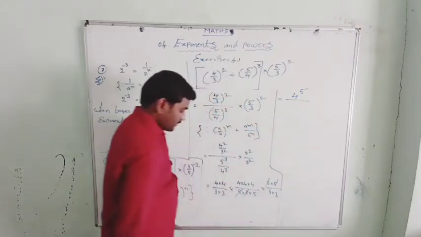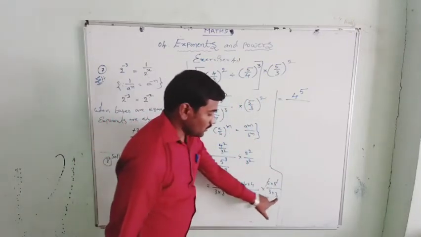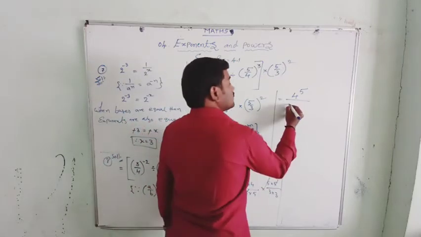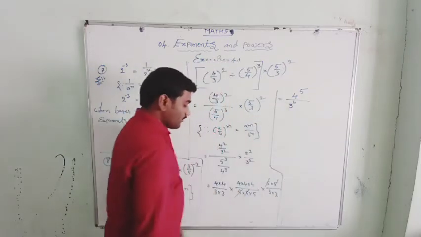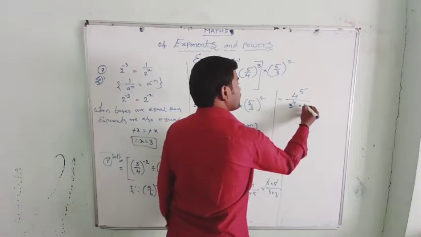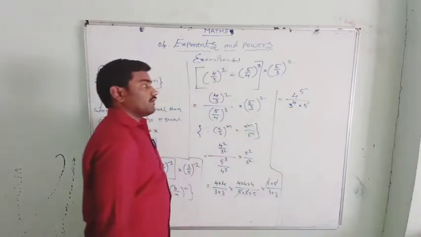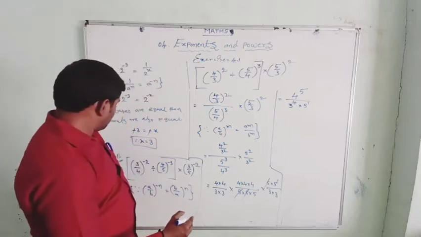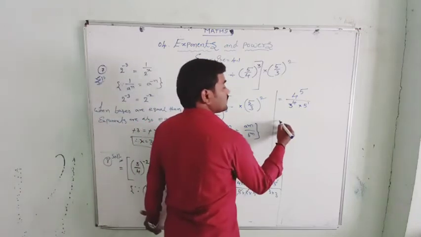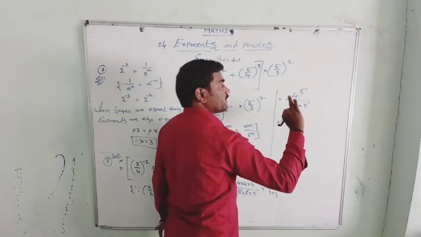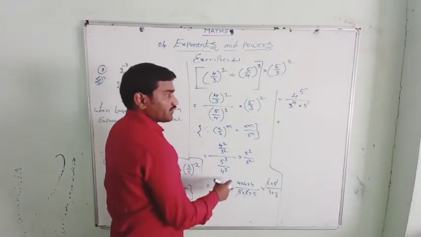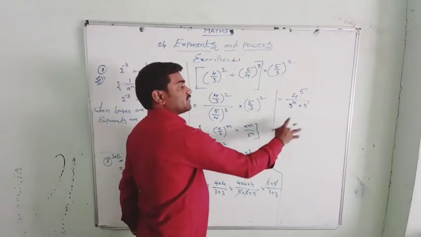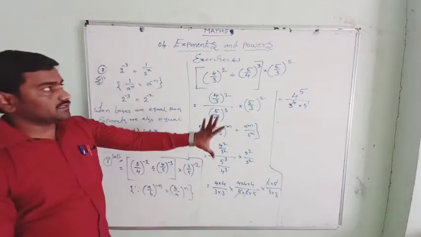Divided by, here 1, 2, 1, 2, that means there are four 3s, so 3 to the power of 4, into 5 to the power of 1. We can stop it here or simplify, there is no problem. This will be the answer then.